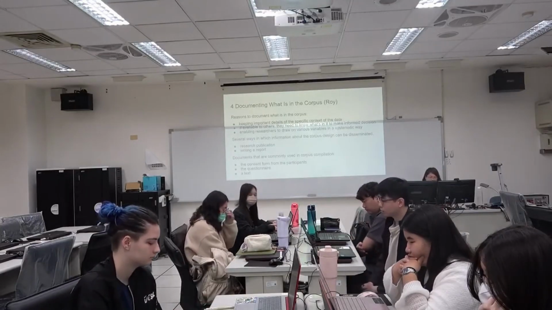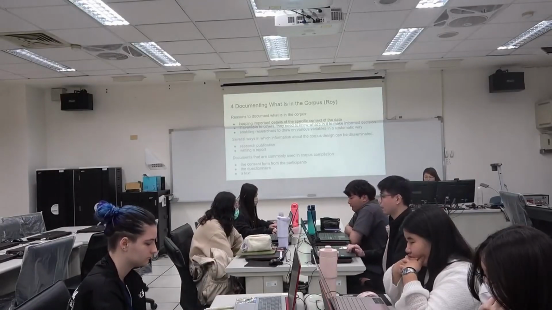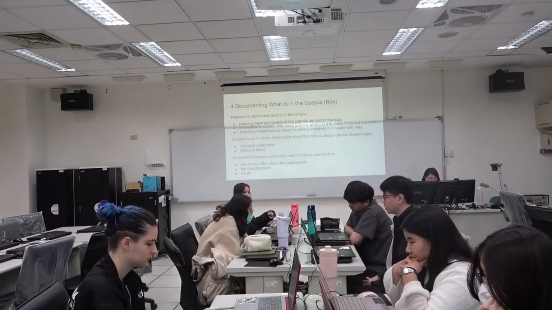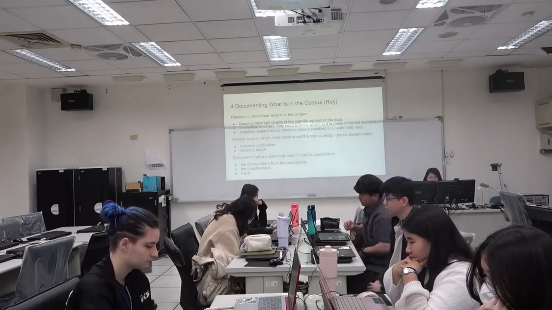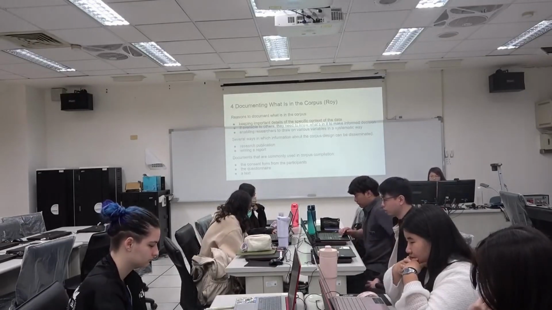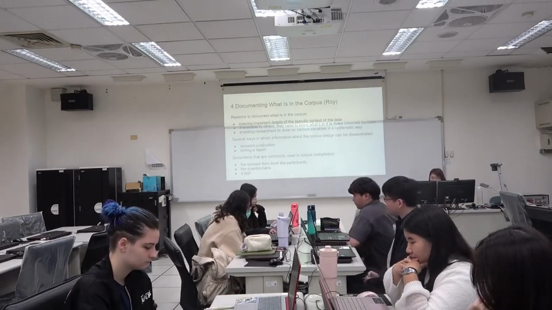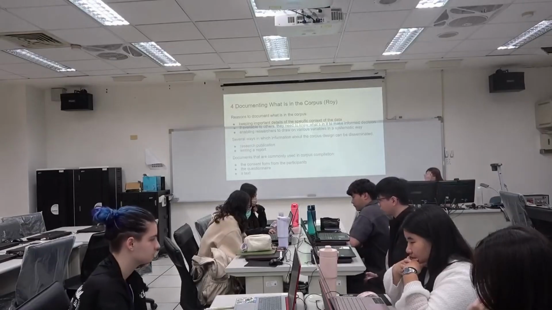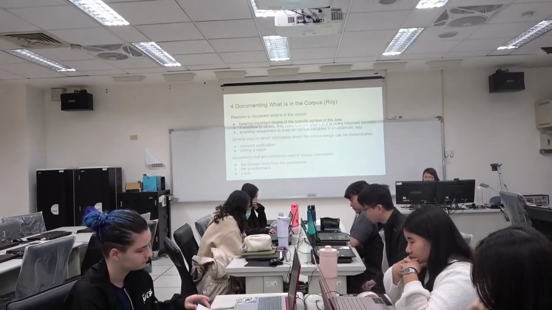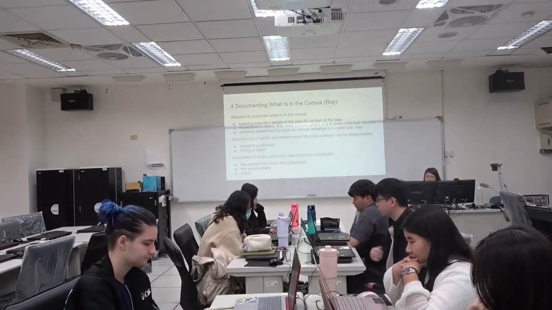And there are several ways in which information about the corpus design can be disseminated. First, research publication such as a research article or a meta-analysis thesis, which includes a section or chapter describing the material. And corpus descriptions are sometimes published in peer-reviewed journals, especially if the corpus is breaking new ground, so that the research community can benefit from discussions on corpus design.